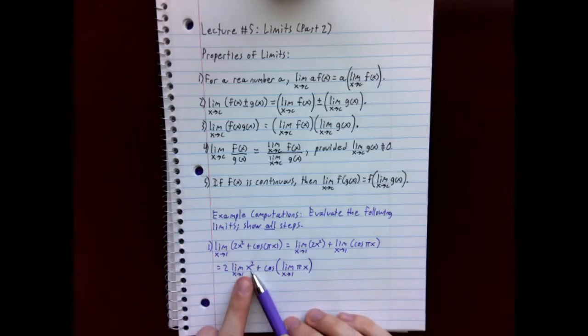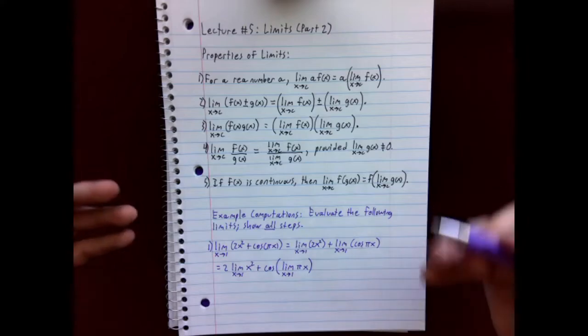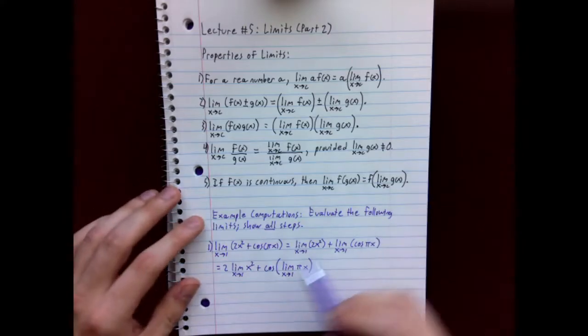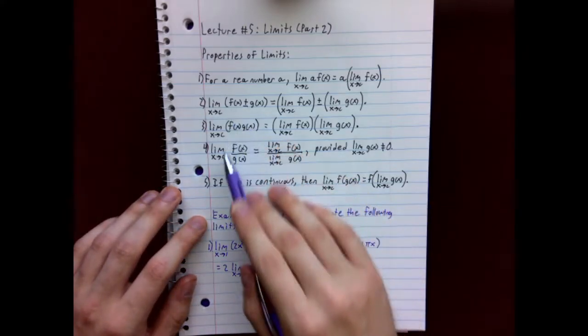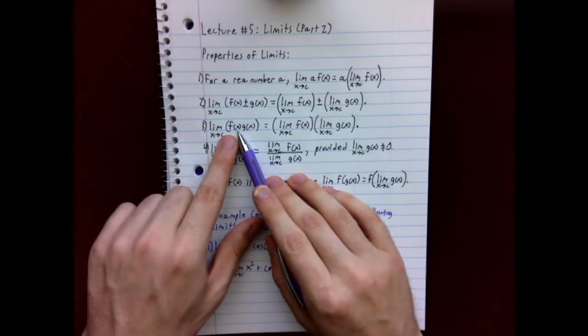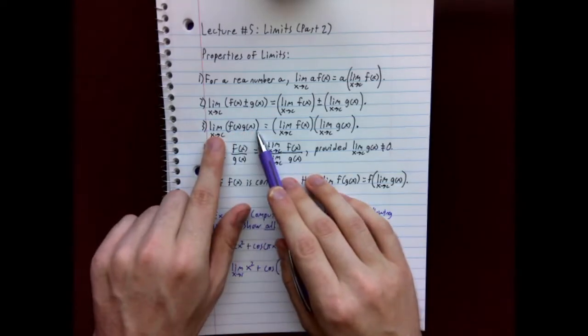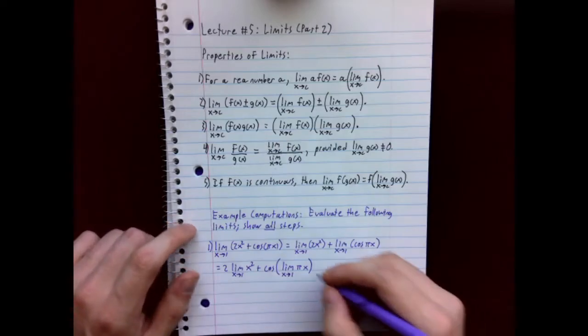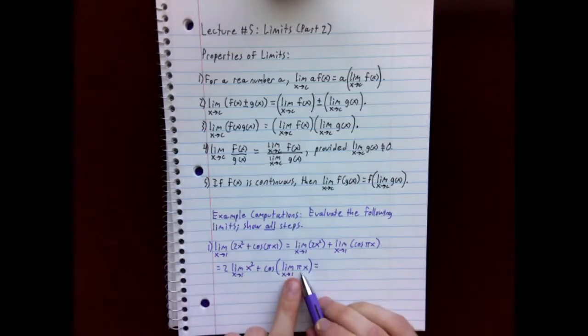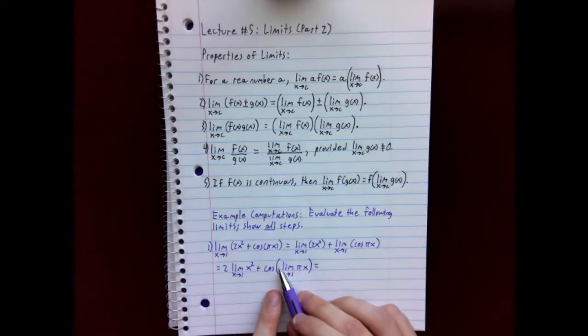And then note also, x squared is a continuous function, or at least raising something to the power of 2 is continuous. Or I can think of this as the limit of x times x, and so I can break it apart as a product of limits. And then I have a pi right here, which I can take out front of the limit.